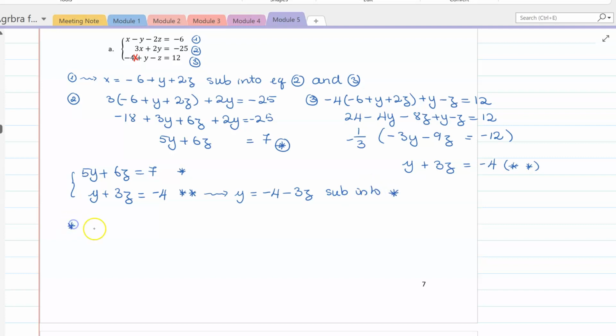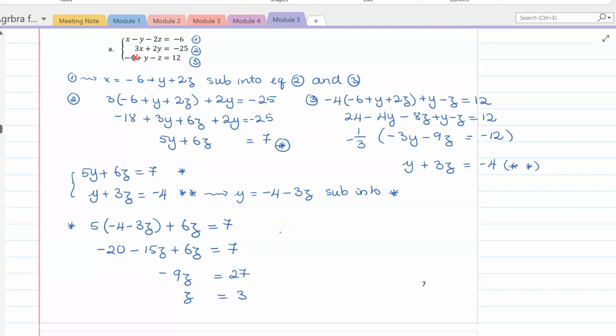And the star now becomes. So now you get z equals 3.